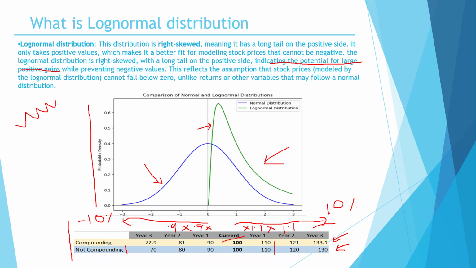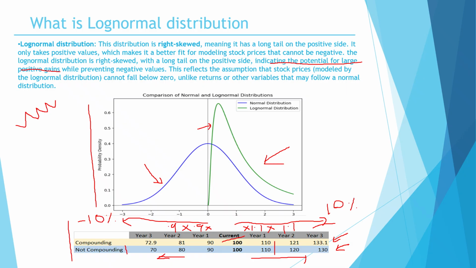So my potential for losses has reduced if I have the power of compounding. Because of that, on the left side, you will observe that my losses have reduced. However, on the right side, you have observed that my potential for gain has increased because of the power of compounding.